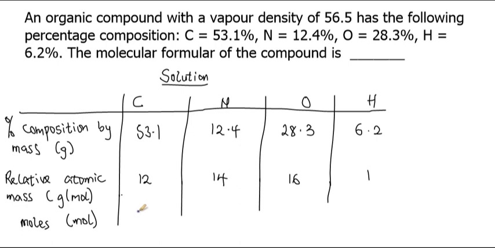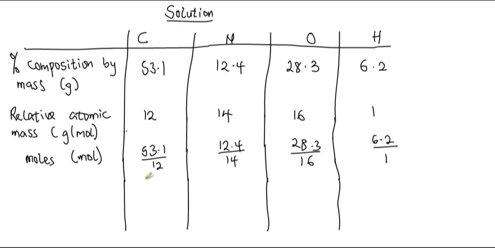Now here I have 53.1 divided by 12, 12.4, that is mass over molar mass, divided by 14, 28.3 divided by 16, and 6.2 divided by 1. 53.1 divided by 12, we have 4.425. 12.4 divided by 14, that is given to be 0.886. 28.3 divided by 16 for oxygen, that is gotten to be 1.769.